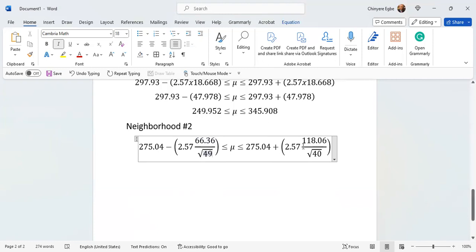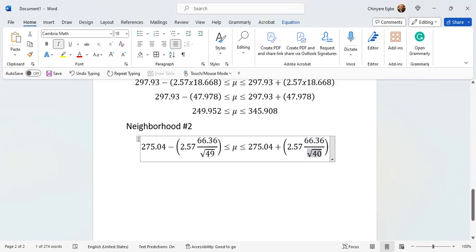And here we have the same 66.36, and the sample size is 49. All right, so we'll go through the same calculations, and we copy that.